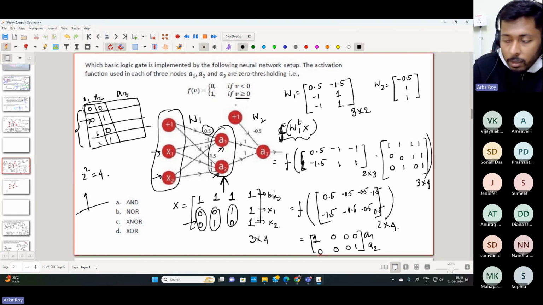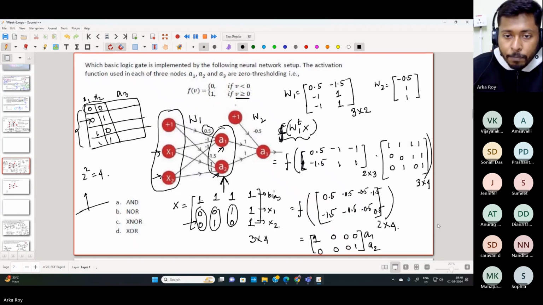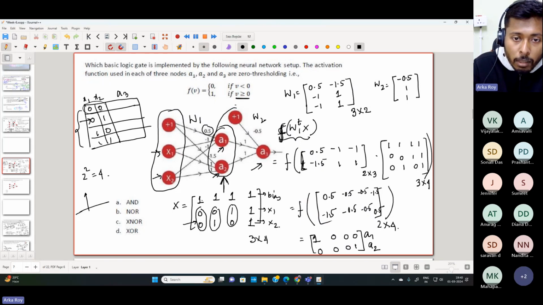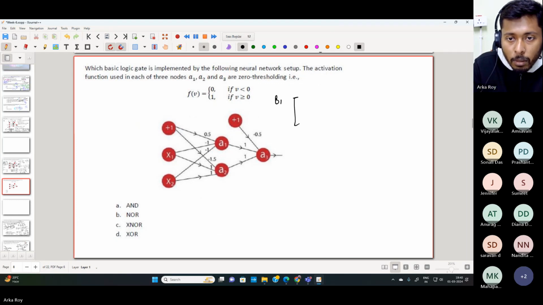Now, if I try to extract the value of A3, we have to consider the bias part as well, which we did in the earlier case. So our input matrix will be of this sort: bias term, then A1, then A2.